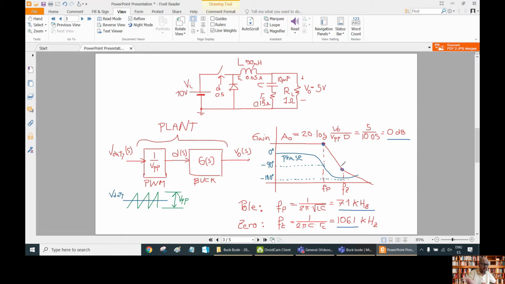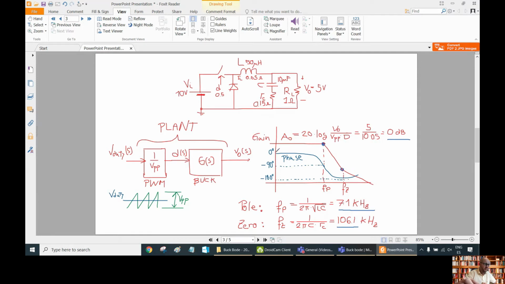So we have this slope, minus 40 dBs per decade here, and then this other slope here, minus 20 dBs per decade after or beyond the zero.